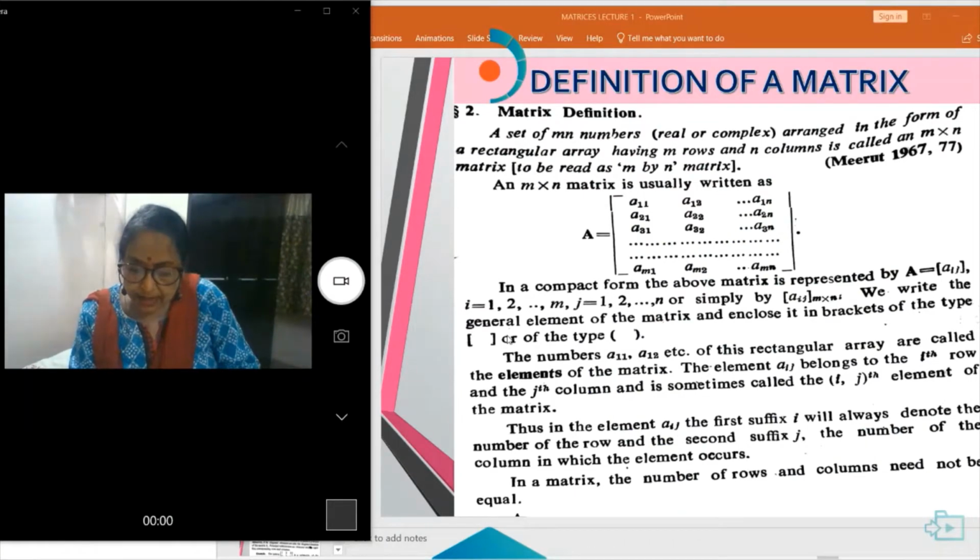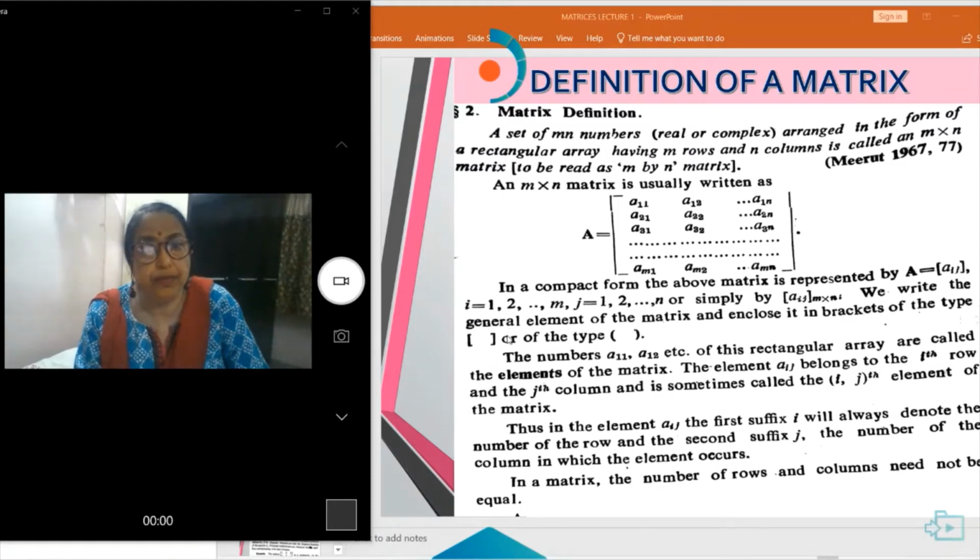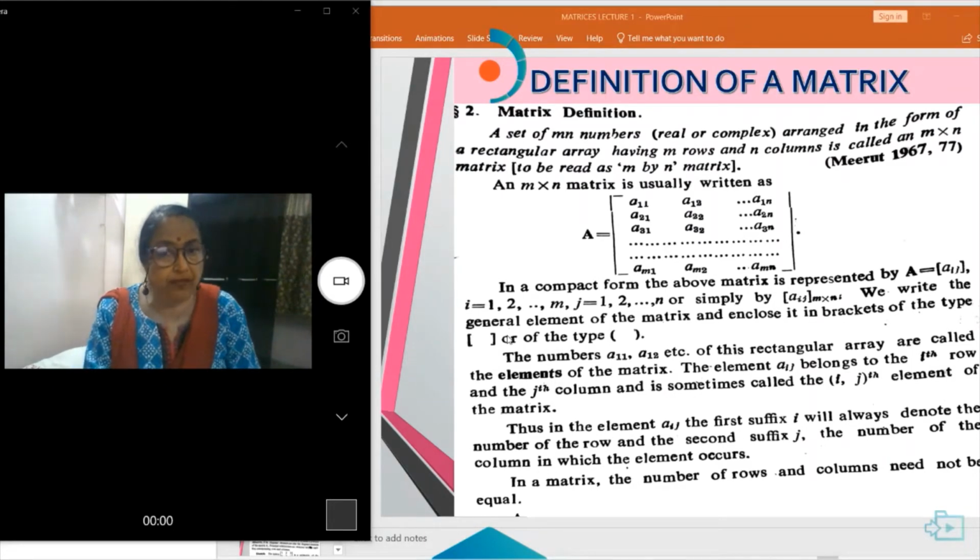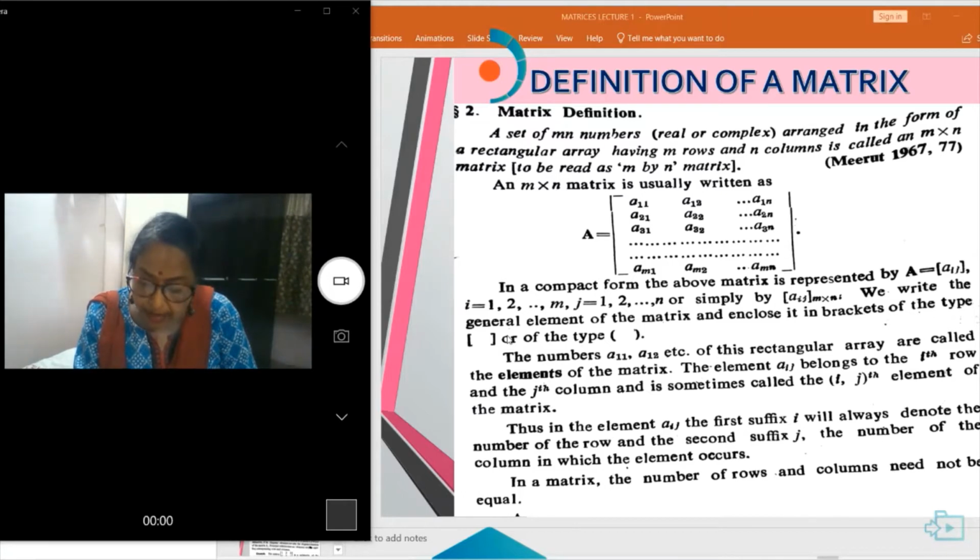A matrix A can be written as shown on your screen: a11, a12, ..., a1n for the first row, a21, a22, ..., a2n for the second row, and similarly am1, am2, ..., amn on the mth row. So here we can see this matrix contains m rows and n columns.